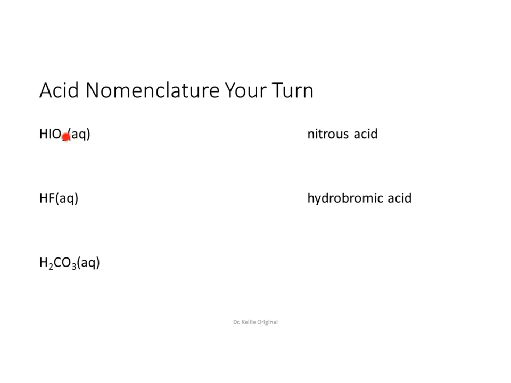It contains oxygen. So now we just need to identify the oxoanion. IO2 negative is iodite. Ite becomes us, so iodous acid.